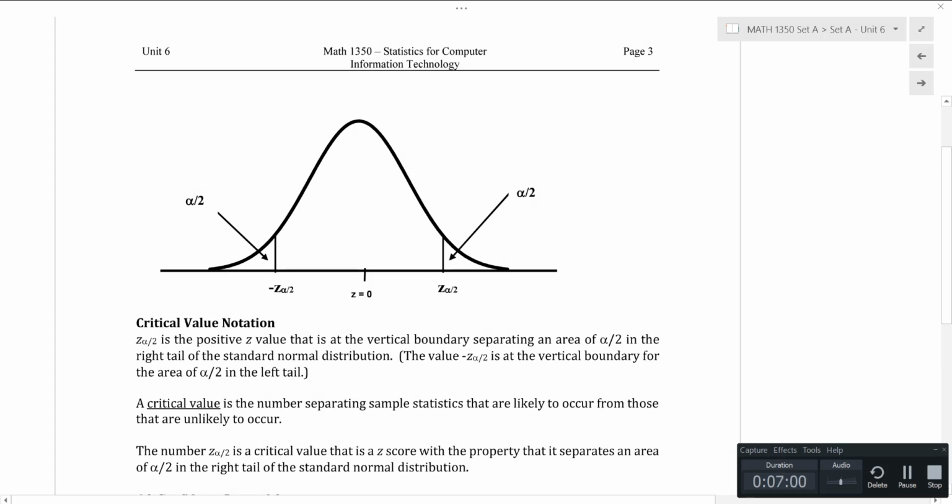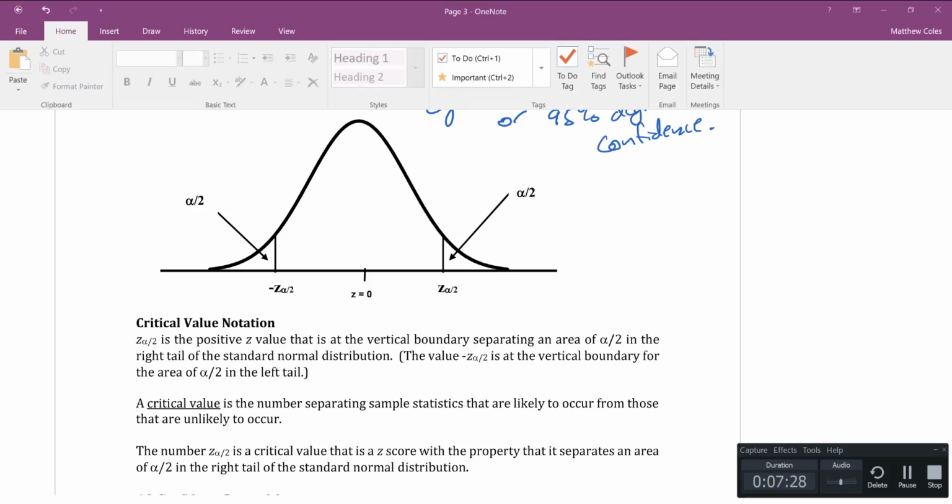So for example, on this normal curve, we may wish to use this standard value of alpha equals 0.05, or written another way, a 95% degree of confidence. We may decide that's the confidence we are willing to accept.